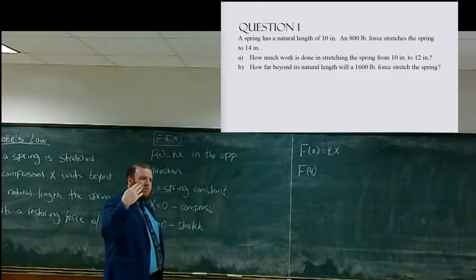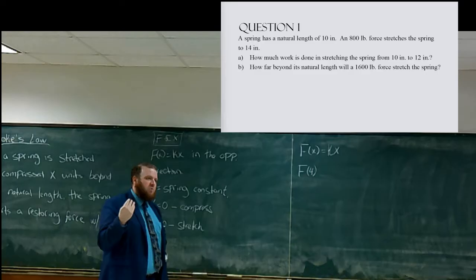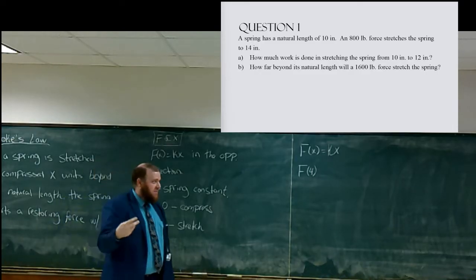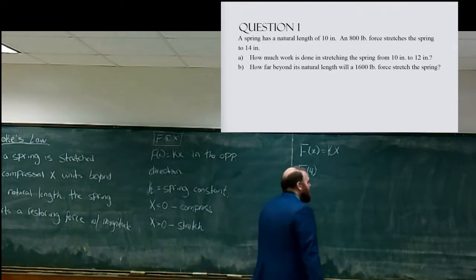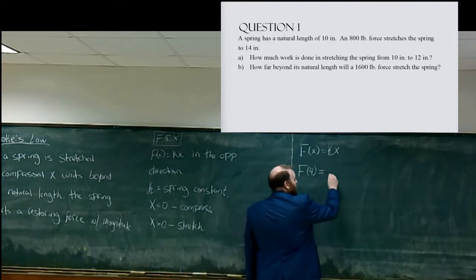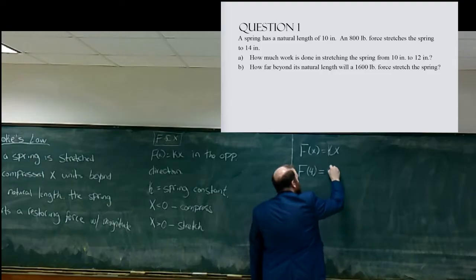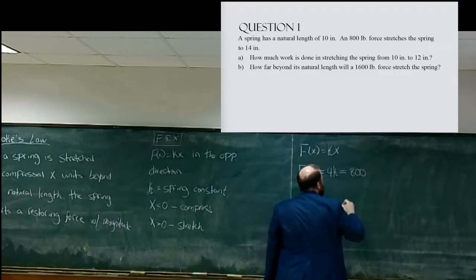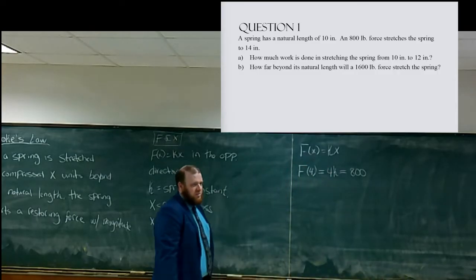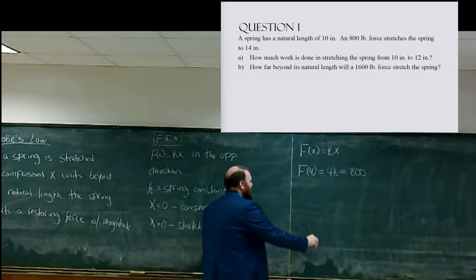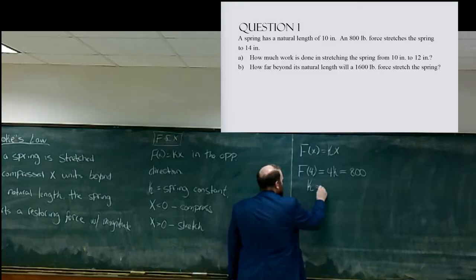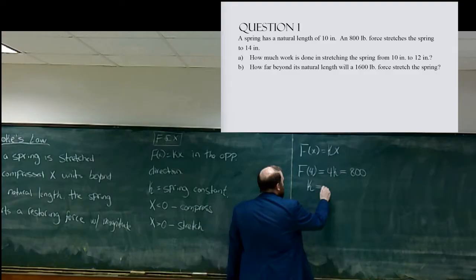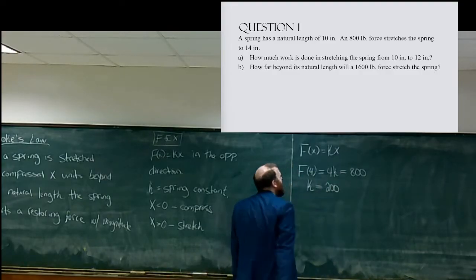All right, 14 inches, 4 inches beyond equilibrium. So x would be 4. F of 4 is going to be 4 times K, which has to equal 800. So that makes K, what, 200? Yep. And what are the units?